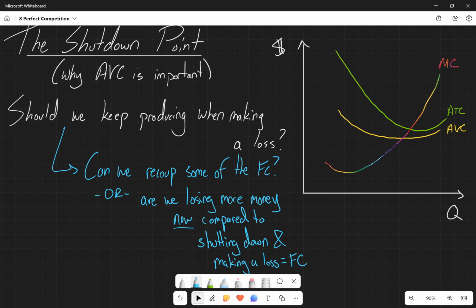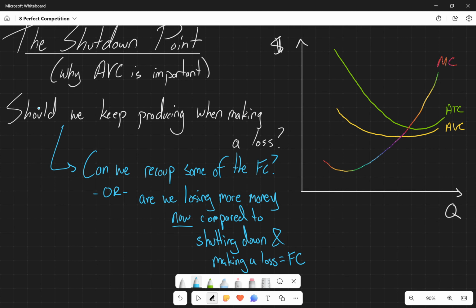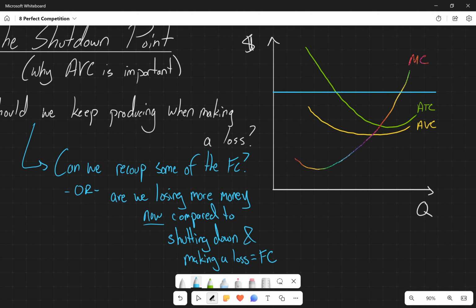So if we are in a situation where the market price results in, well, first of all, let's just talk about a wonderful situation, right? If this is our market price that we get from some supply and demand graph, this ends up being our demand equals our marginal revenue equals our price.